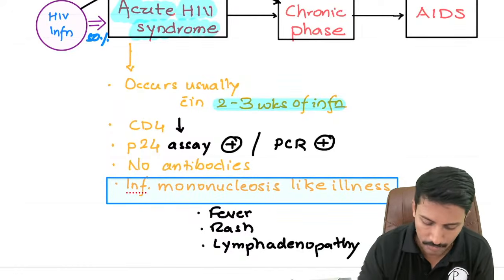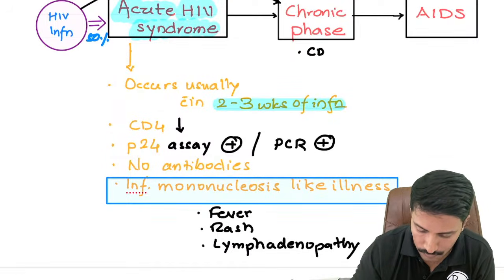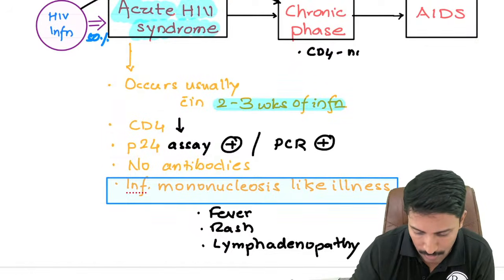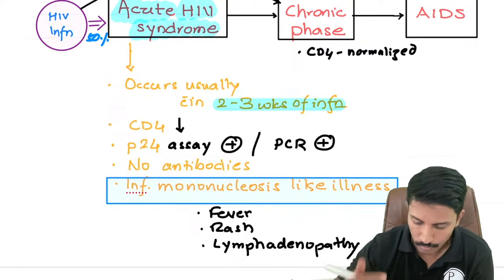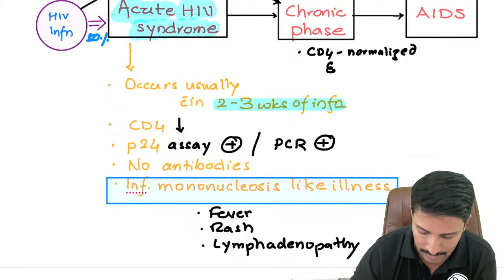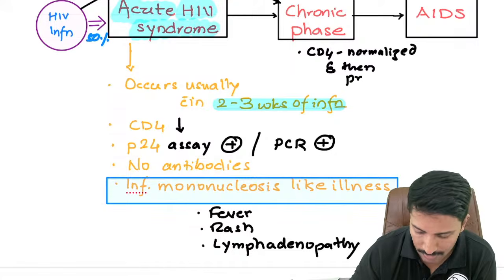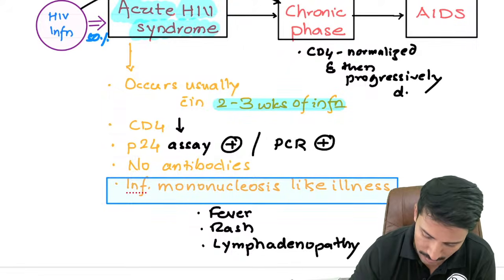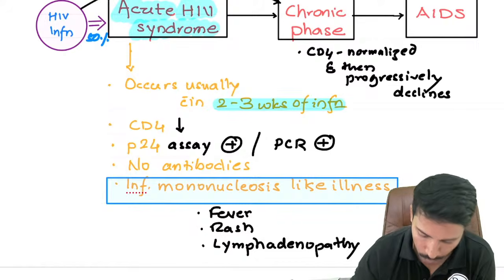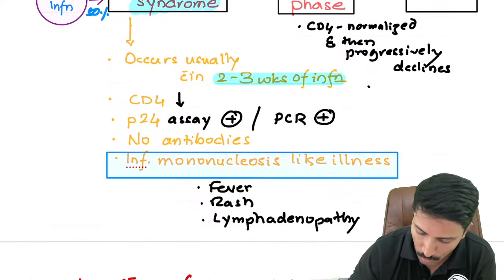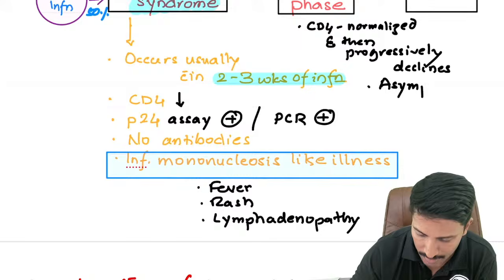So during this chronic phase, what happens? The CD4 count is normalized, and then progressively declines. Second, most of these patients in the chronic phase are going to be asymptomatic.